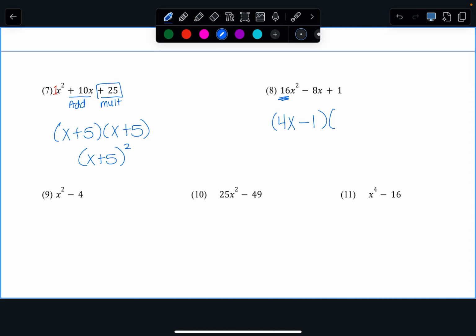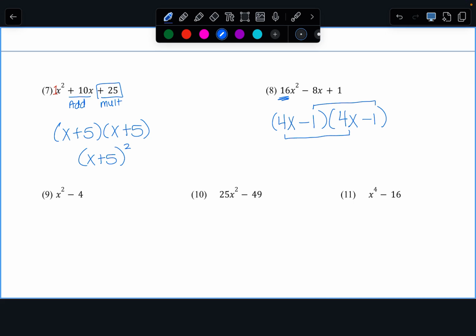4x minus 1 and 4x minus 1. Factoring is all about pattern recognition. Reason being, 4x times 4x is 16x squared. We okay there?